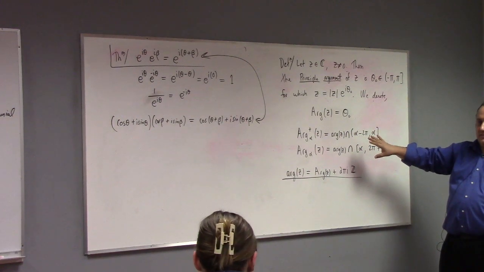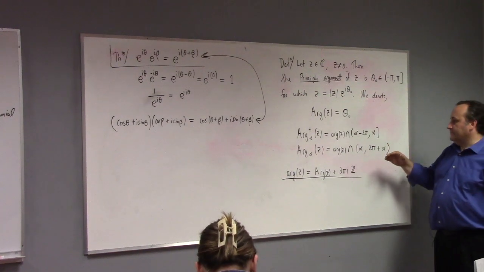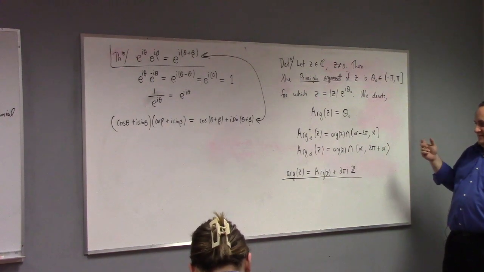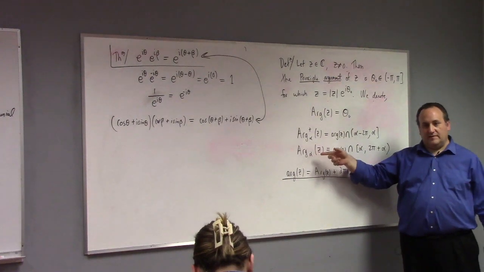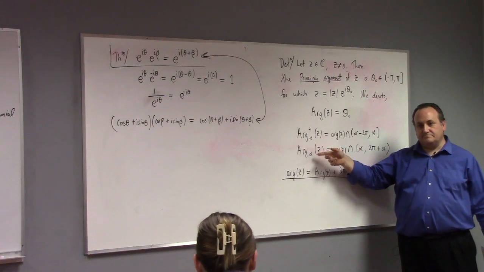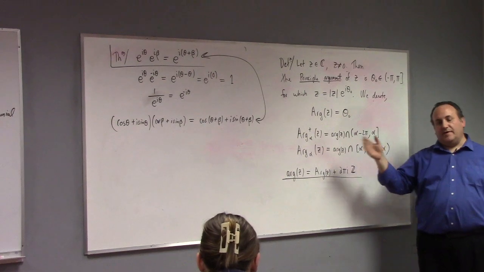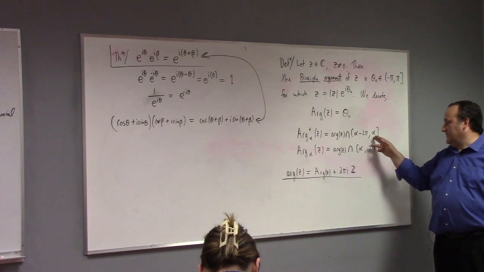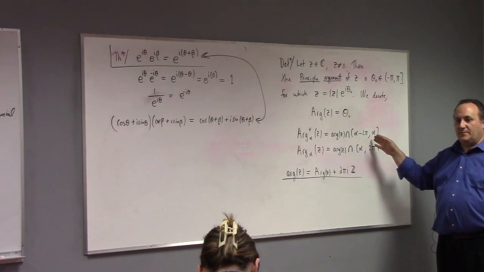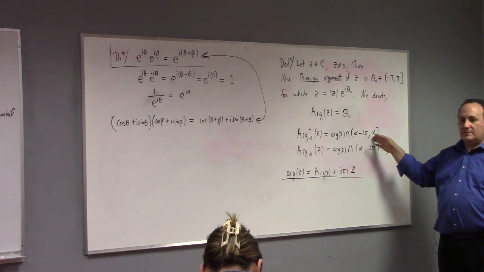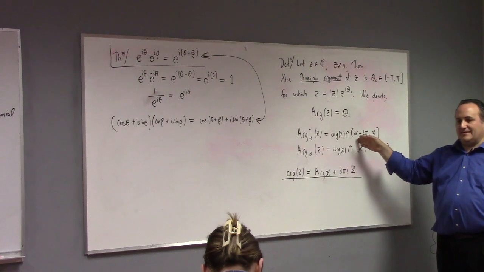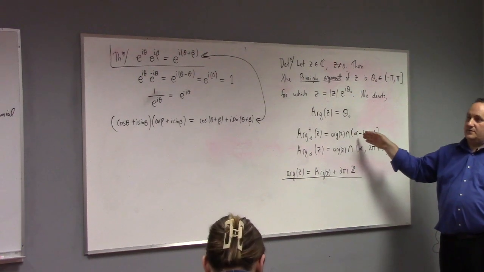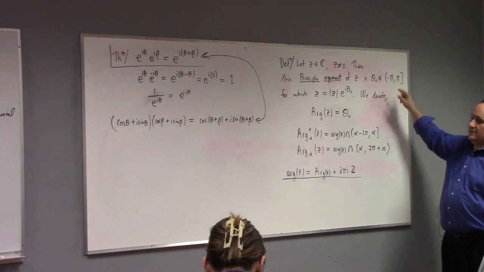And as long as you throw out alpha, it's a continuous assignment of angle. There's a jump at alpha because that's where geometrically you're jumping from that angle back to this again.